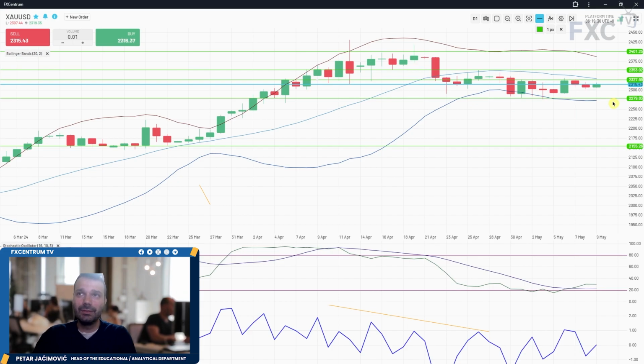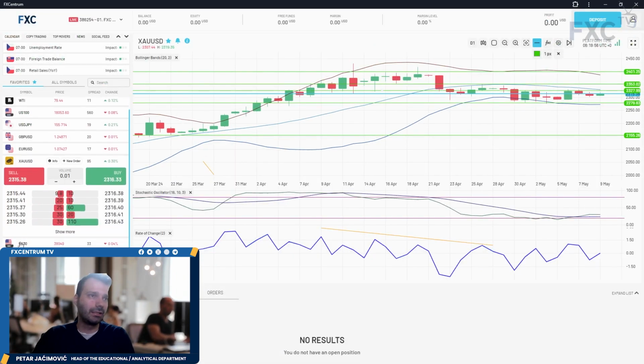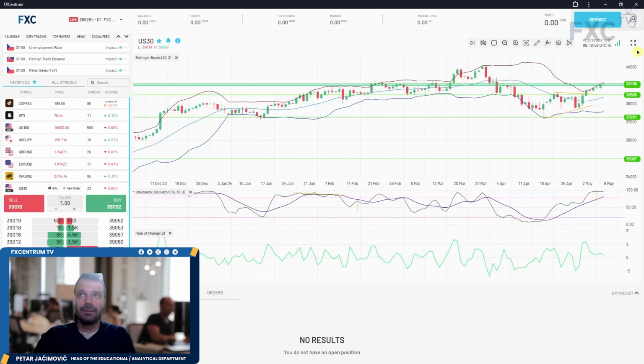A downside breakout of 2279 can be a good confirmation for a drop towards the 2155 area. But from the other side, if the market can trade above 2353, there will be a chance for the market to retest the upper Bollinger Band around, let's say, the 2380 mark. So pretty much consolidation going on and waiting for the breakout.